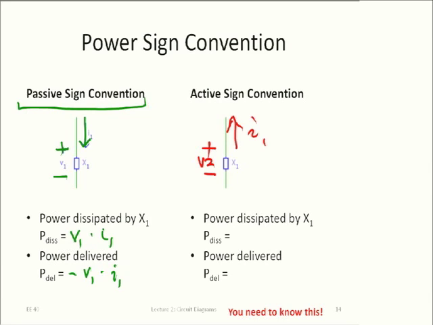Now it's the power delivered that has a positive sign and the power dissipated that has a negative sign. Okay? And so this is very, very simple. You just got to know this, and if you know it, you will get all the right answers, and if you don't know that, you get all the wrong answers. But you know, some things you just need to know.